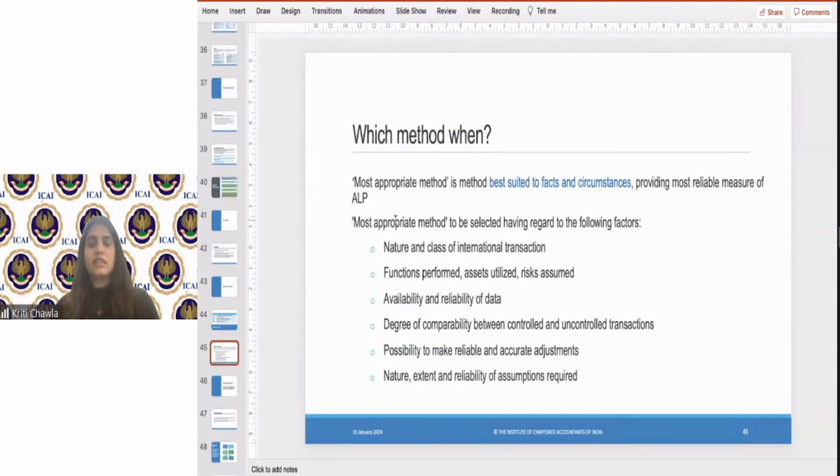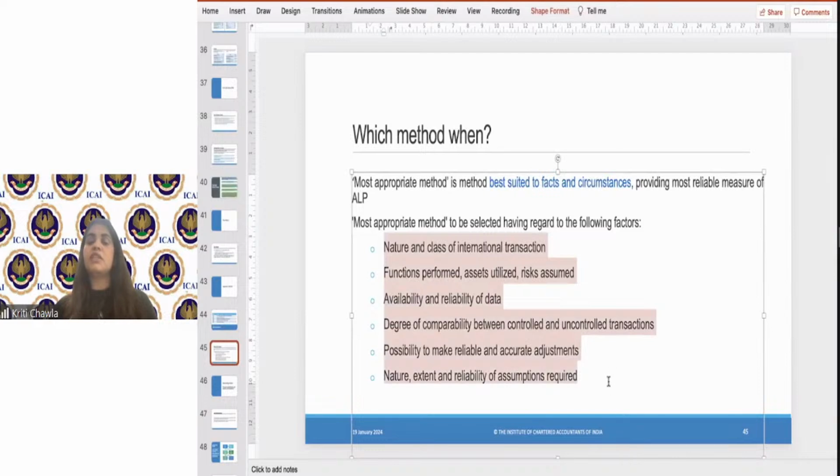So what this basically says is that the most appropriate method is going to be the one which is suited to the facts and circumstances of each particular transaction. And this is how you basically find out which method is to be used when. It depends on what is the kind of transaction. It depends on what is the availability of data.